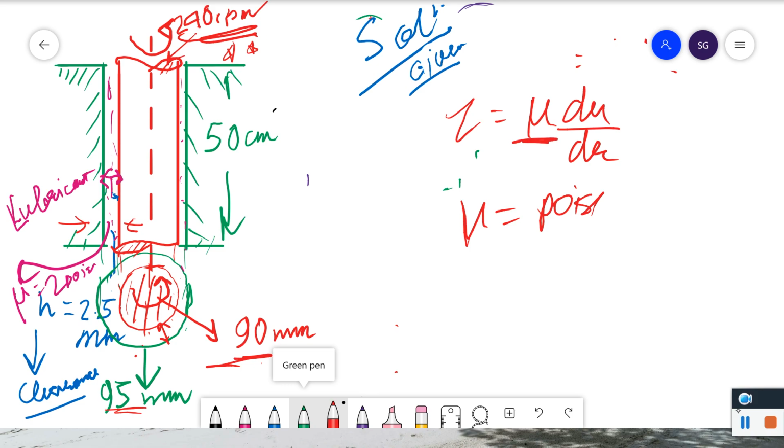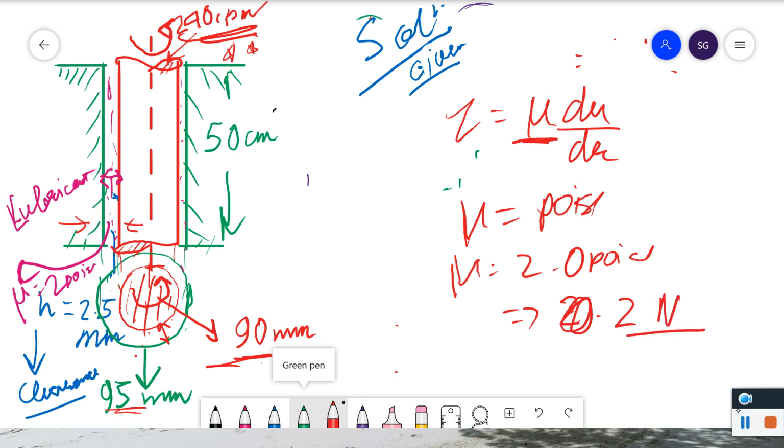I have told you in dimensional analysis also that you can always calculate this, and when mu is 2.0 poise, it's in CGS, so we can write this as 0.2 Newton per meter square dot seconds.